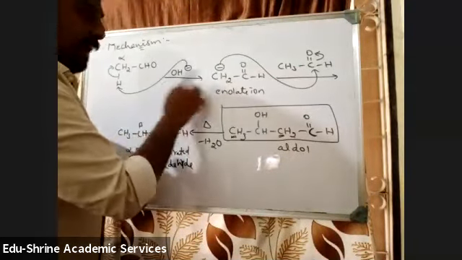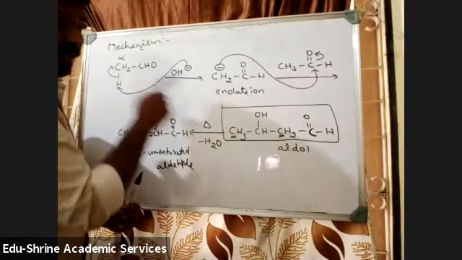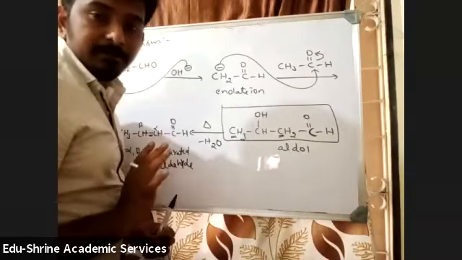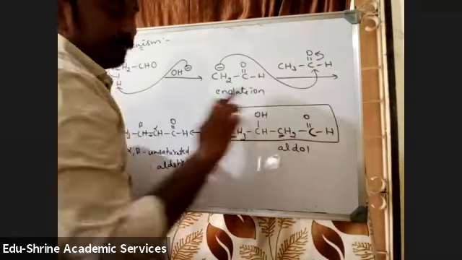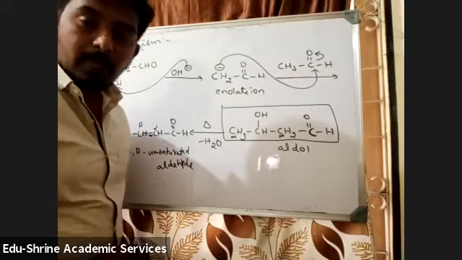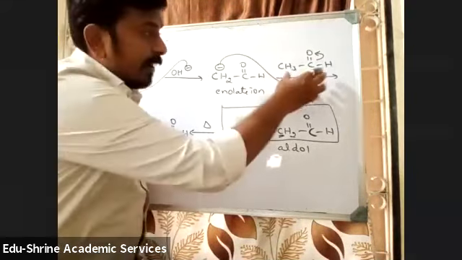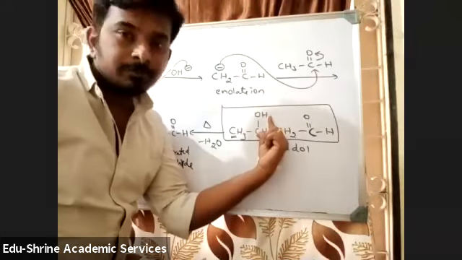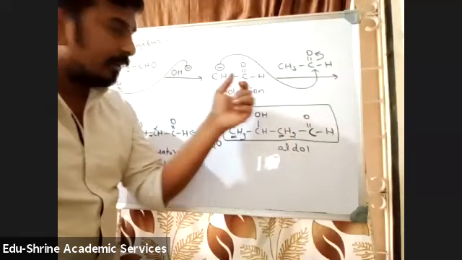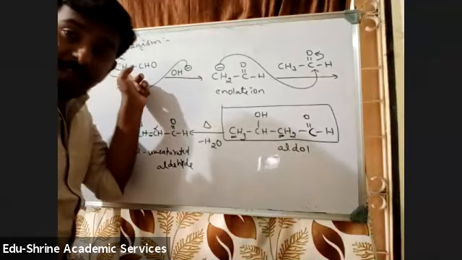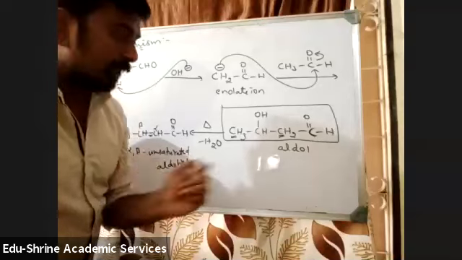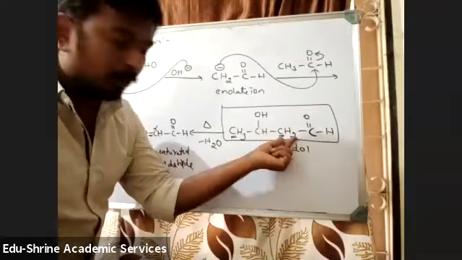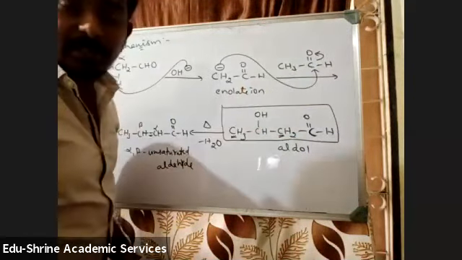And from the other aldehyde, just convert CH3 to CH2. That's it. And it gets bonded to this carbon. Understood, students, how to write? From one aldehyde, convert C double bond O to C-OH. Now from the other aldehyde, convert the CH3 which is at the alpha position. Convert that CH3 to CH2 and get it bonded to this carbon atom. That's it.